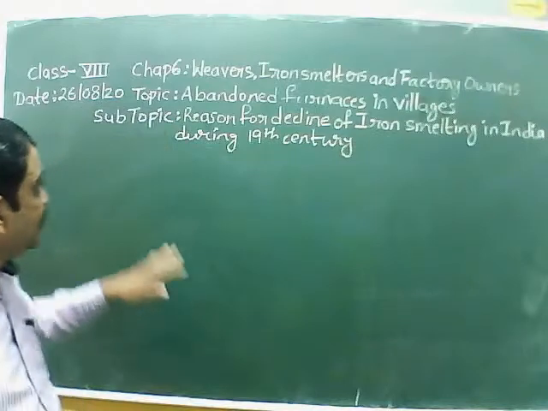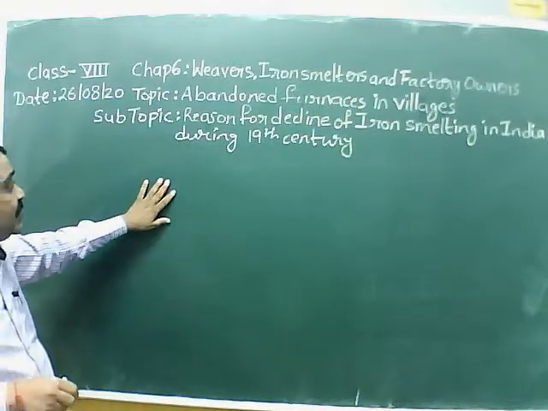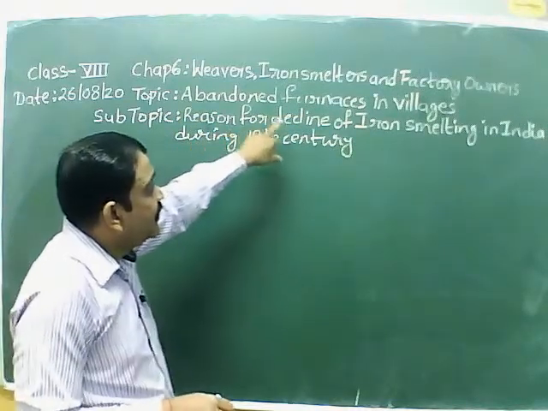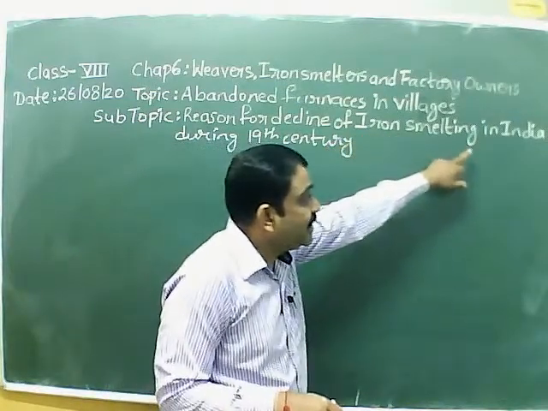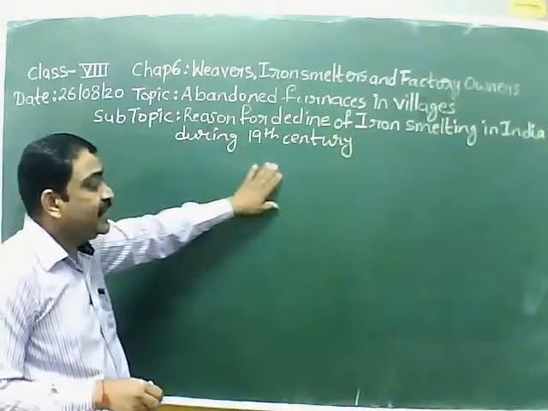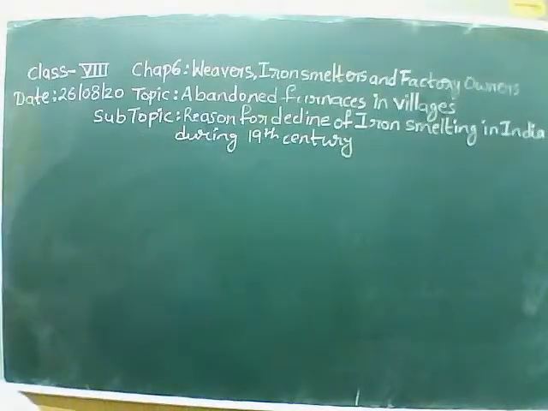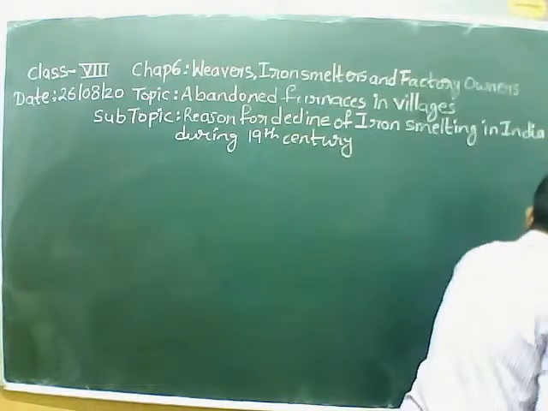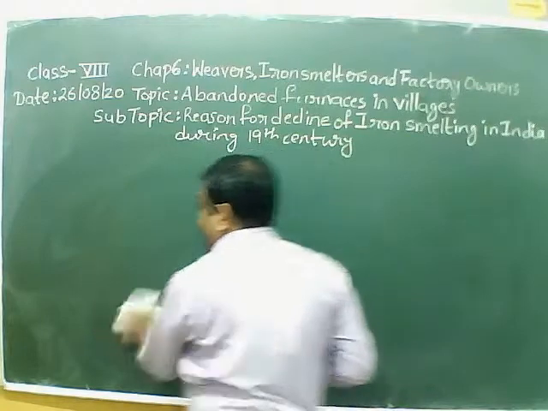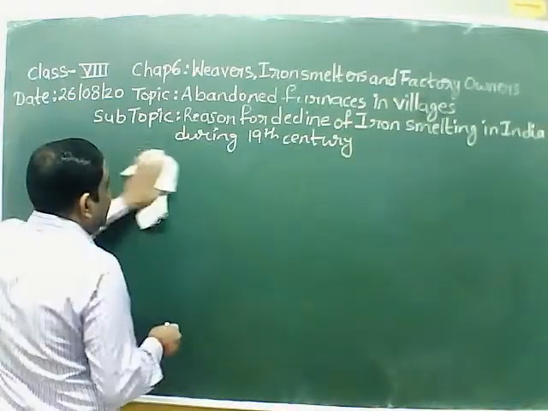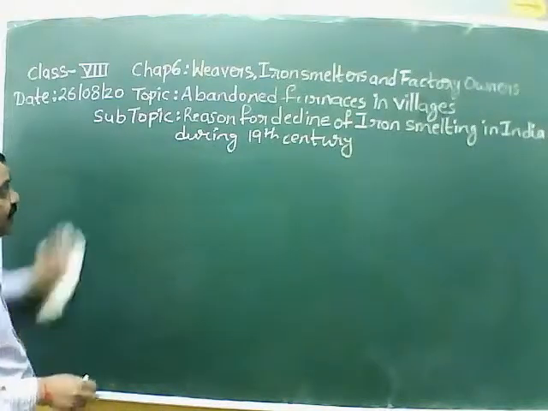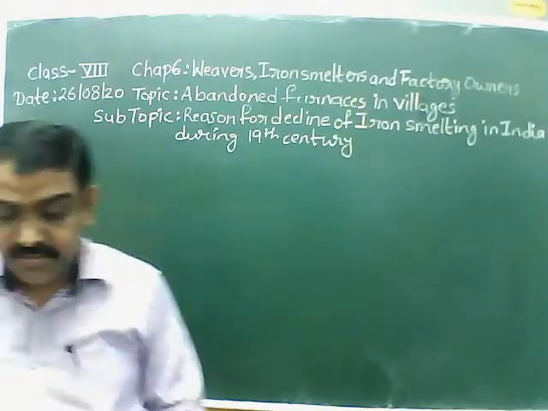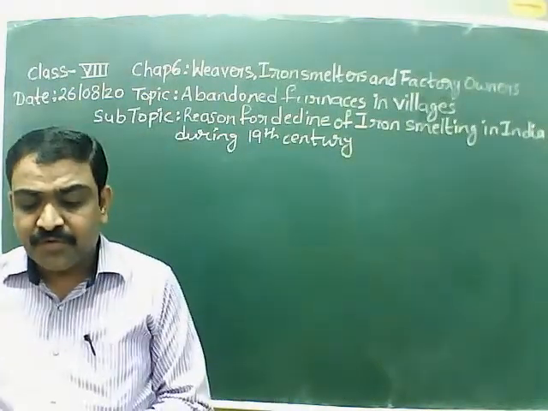So today we are going to discuss the reasons for the decline of iron smelting in India during the 19th century. Basically, we will discuss all those factors and reasons due to which the iron smelting industry declined in India during the 19th century. One of the reasons was the new forest laws.